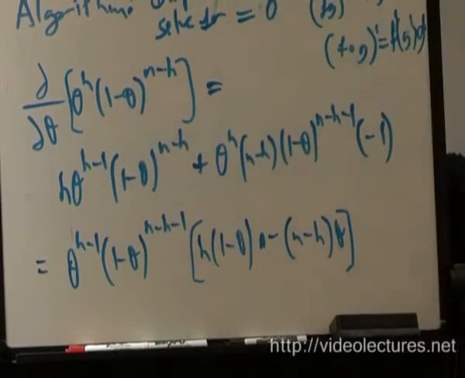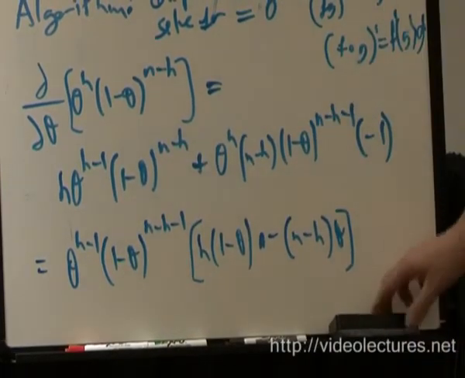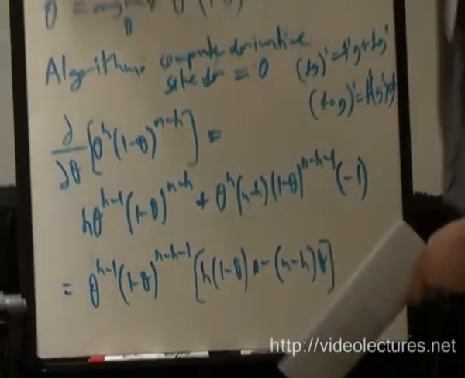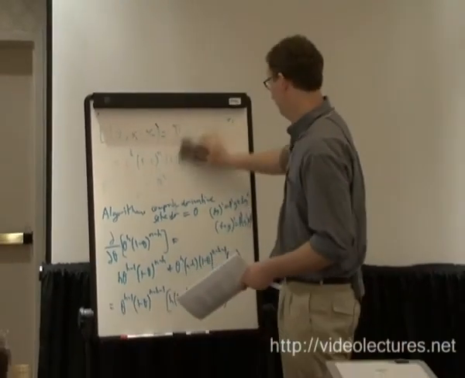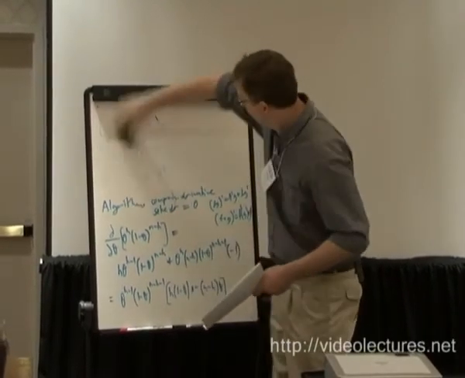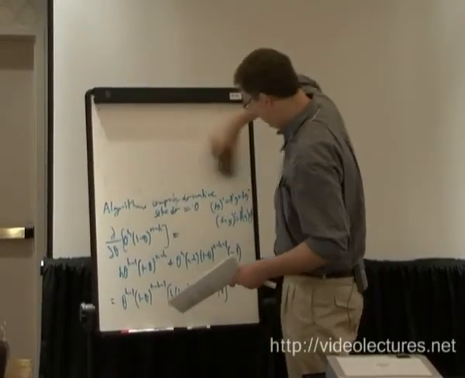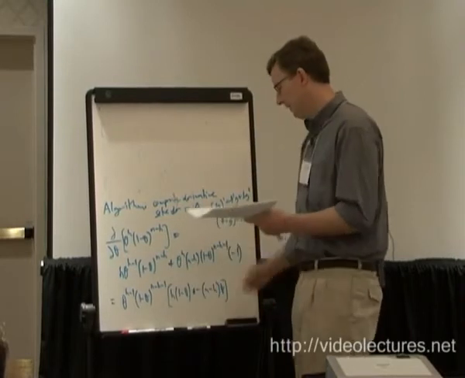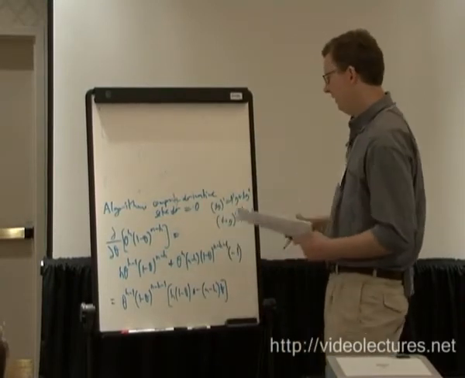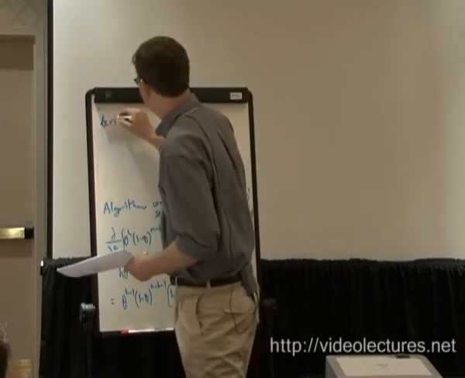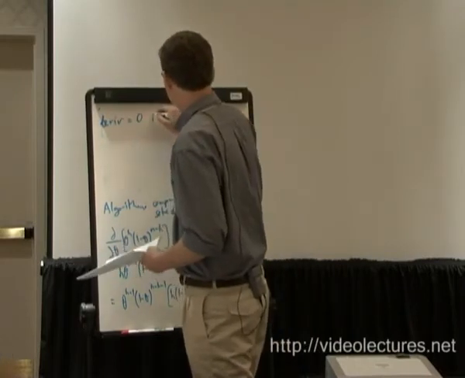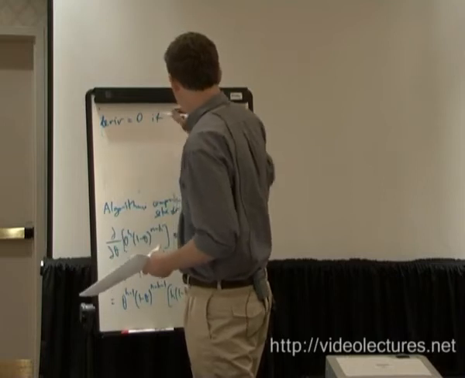Now I've got the derivative, and I want to set it equal to 0. The derivative equals 0 if, and there are three cases.